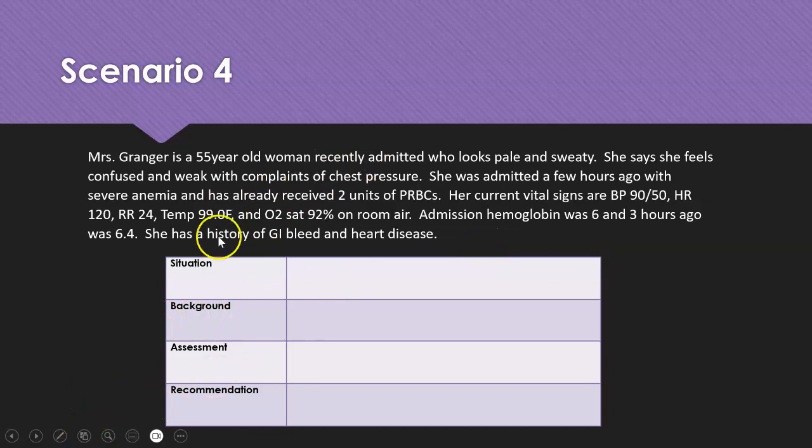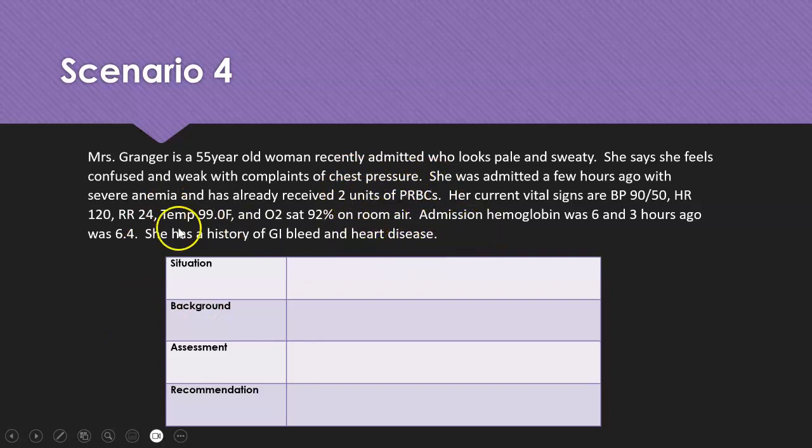Okay. If there's something on here that you don't understand, look up what the normal range of a hemoglobin is supposed to be. Look up pale and sweaty, confused, chest pressure, the severe anemia she had, and that she had packed red blood cells.